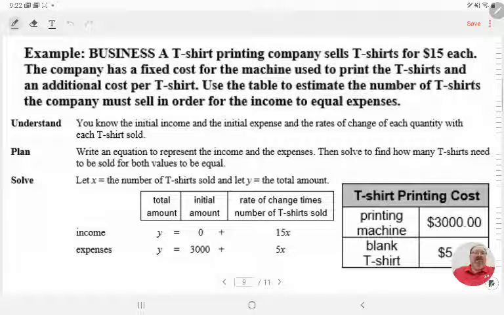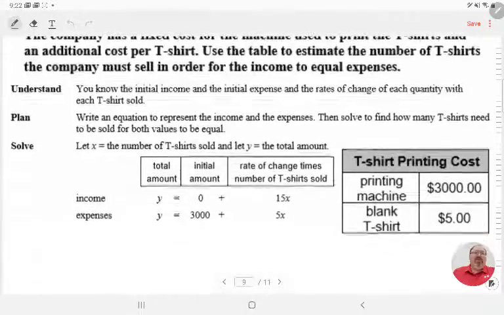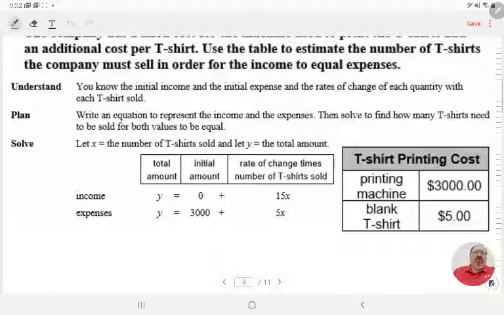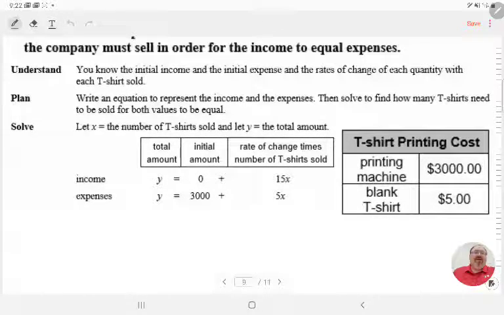Use the table to estimate the number of t-shirts the company must sell in order for the income to equal expenses. So we know the initial income and the initial expenses and the rates of change of each quantity with each t-shirt sold. So we need to write an equation to represent the income and the expenses. Then solve to find how many t-shirts need to be sold for both values to be equal.